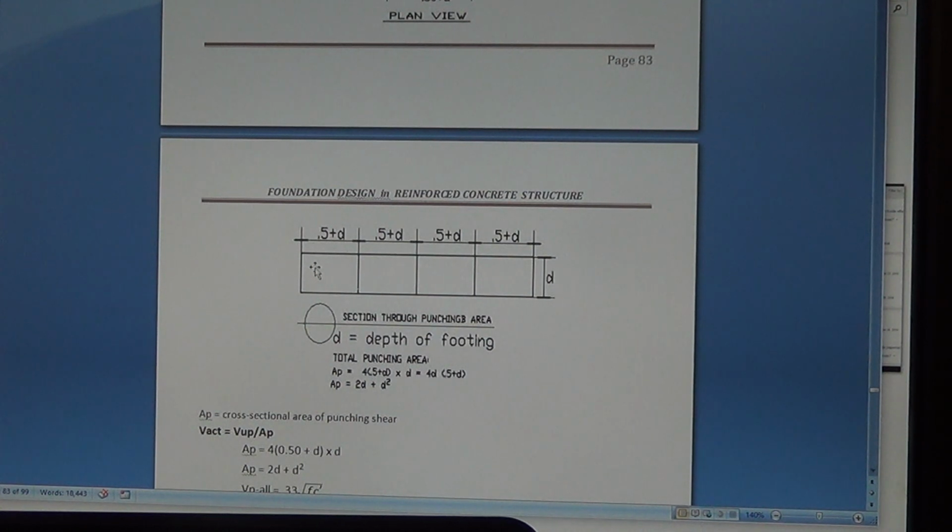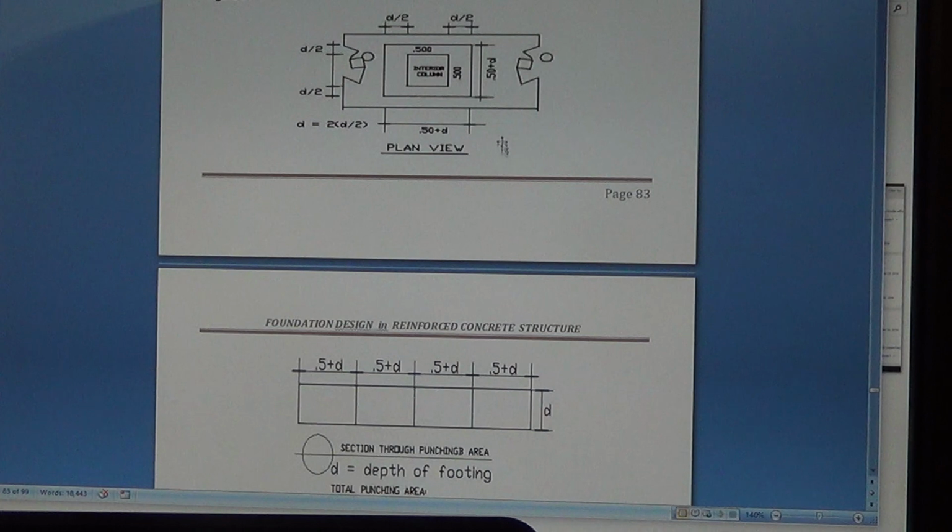In the punching shear, this is the area of resistance, the area of the strength, the resisting strength of your foundation section, and this is taken from this perimeter right here. When you draw an elevation and open that, this is exactly what it is.